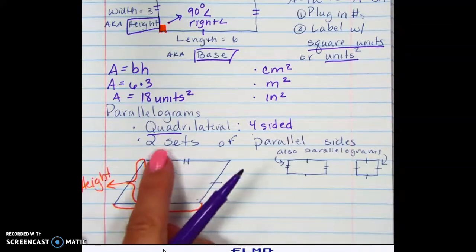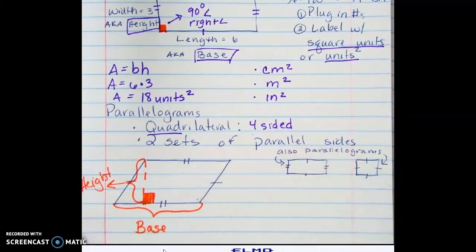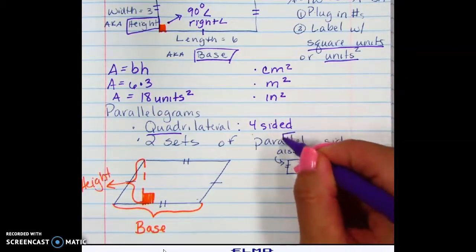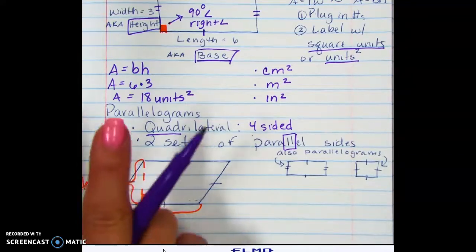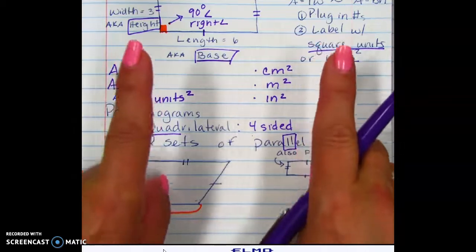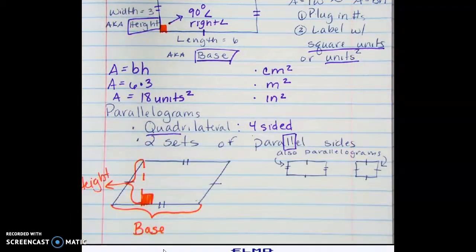A parallelogram has two sets of parallel sides. What does parallel mean? Well, I take a look at those L's, and this helps me determine what parallel means. Parallel means when I have two lines that are the same distance apart, and that will never touch if they went on for an eternity, for an infinity. So that's what parallel means.